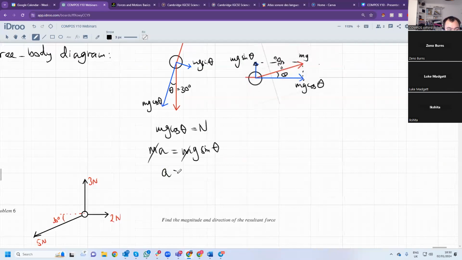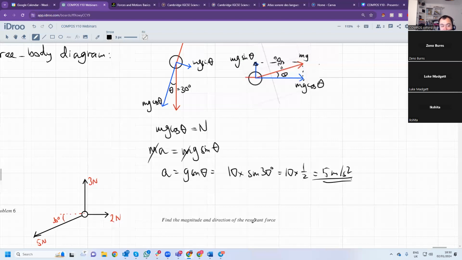Acceleration is g sine theta. G is 10 multiplied by sine 30 degrees, so 10 times 1/2 equals 5 meters per second squared.